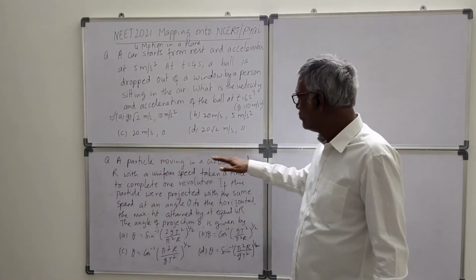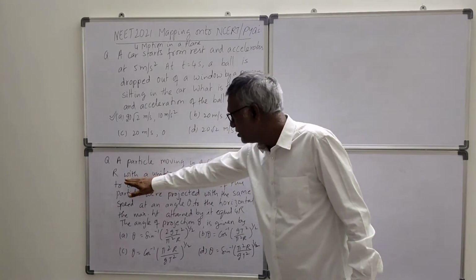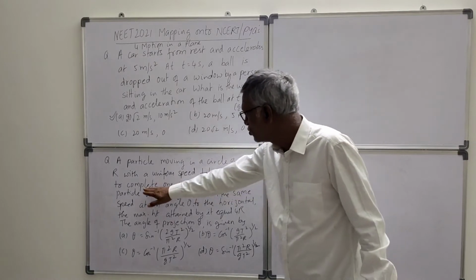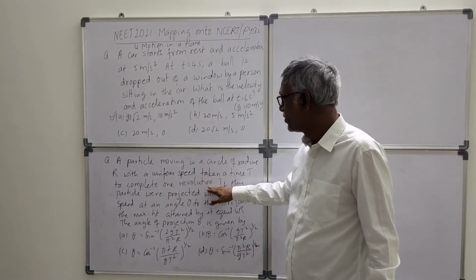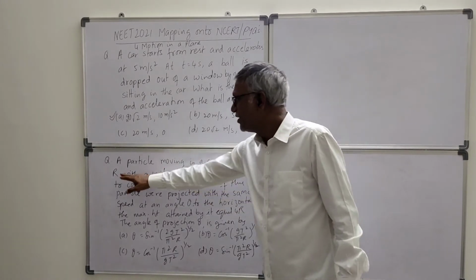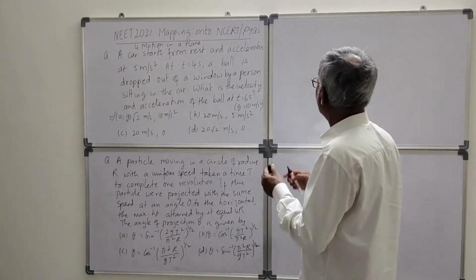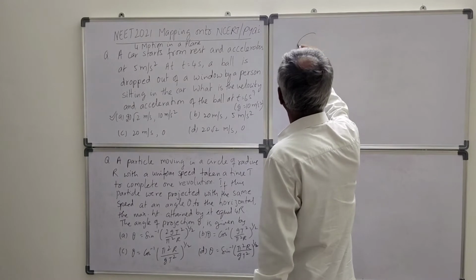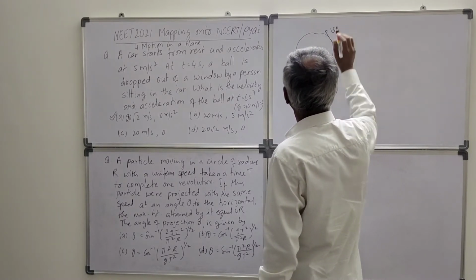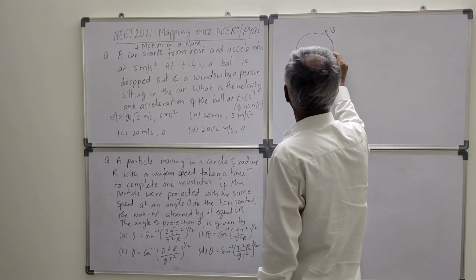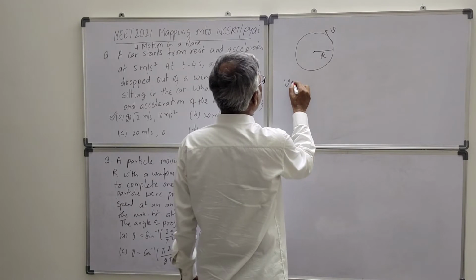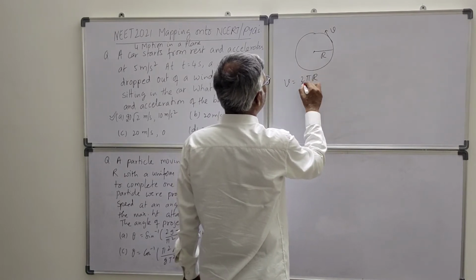Now let us check this one. A particle moving in a circle of radius r with a uniform speed takes a time t to complete one revolution. What is the relationship between velocity, time and r in circular motion? If V is this and R is the radius of this circle, then velocity can be given as 2 pi r by t.